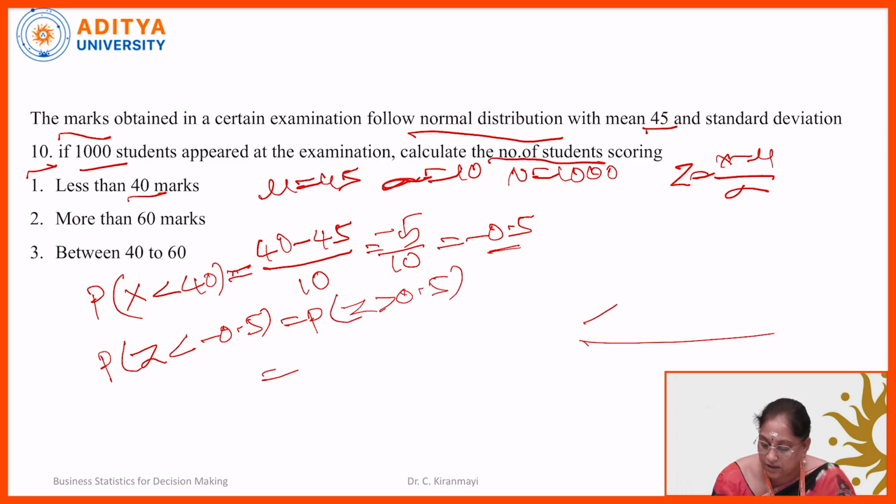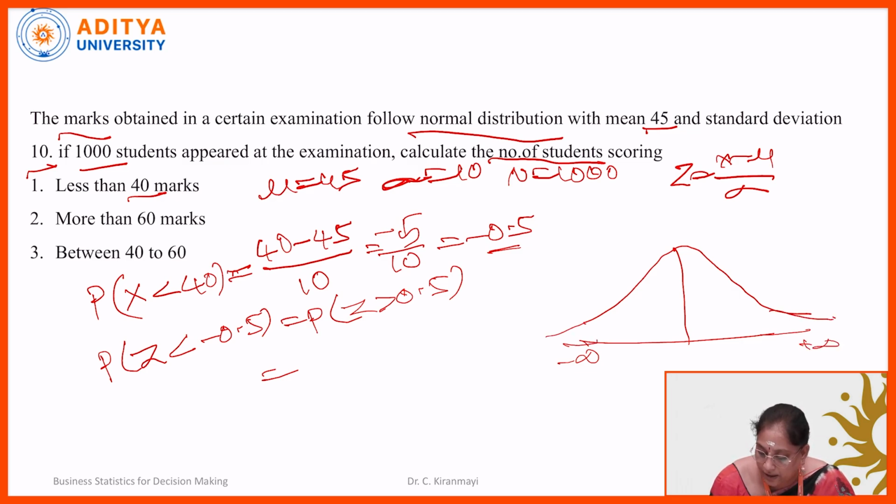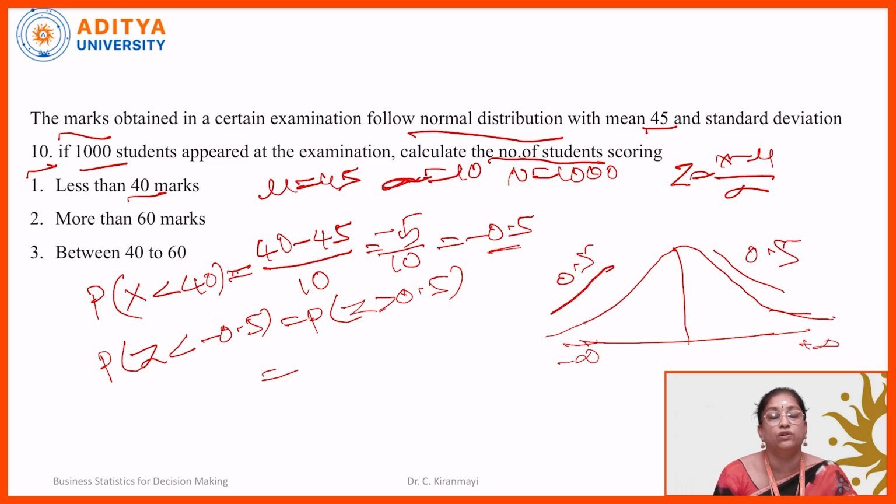If we consider the normal probability curve, this side it is minus infinity and this side it is plus infinity, and the area on this side is 0.5. Since we know that the normal probability curve is a symmetrical curve, the entire curve is divided into two equal parts.